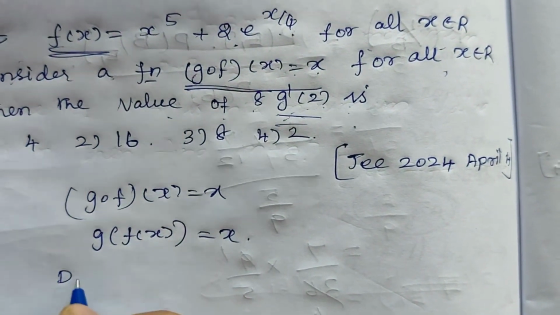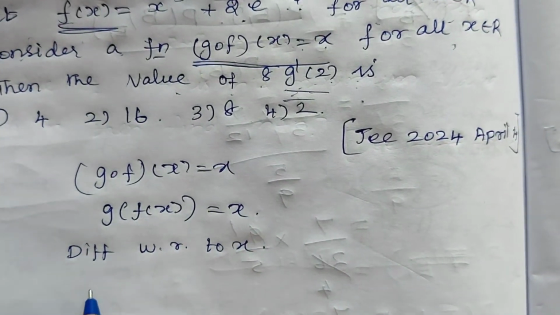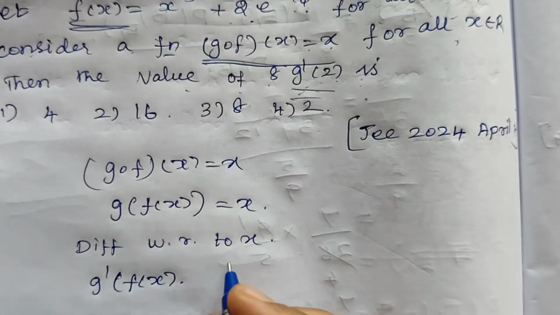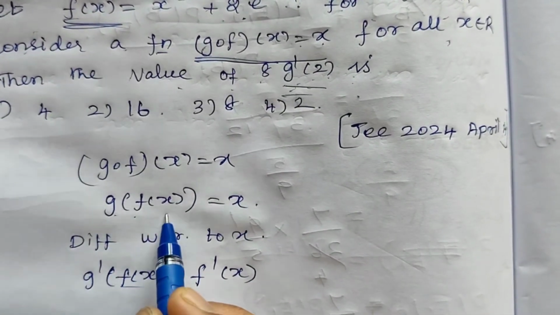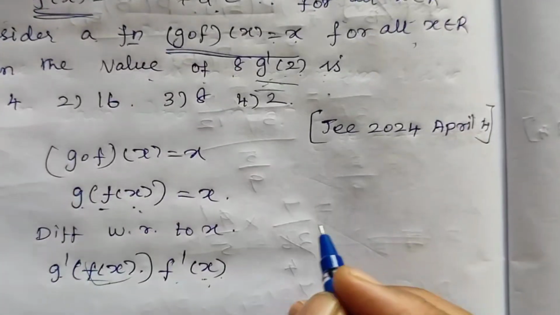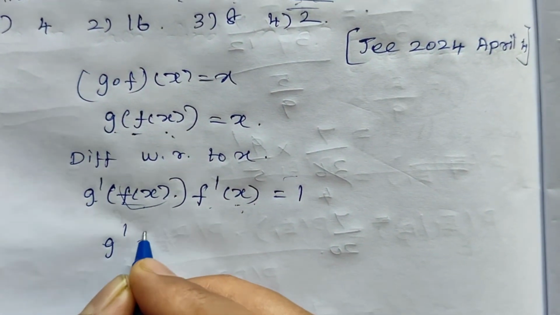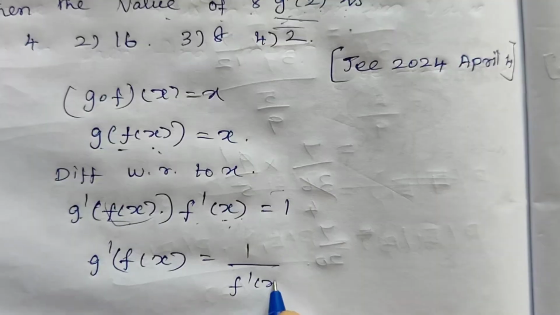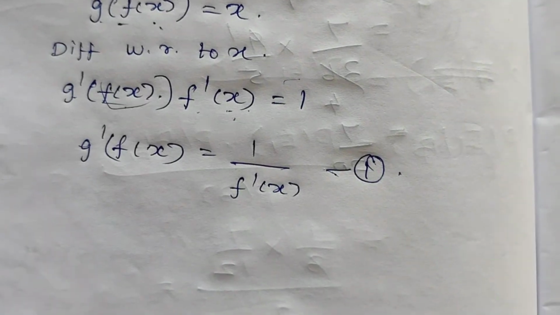Now differentiating with respect to x: first g'(f(x)) times f'(x), where we keep g as g and differentiate f(x), so f'(x) equals 1. Now g'(f(x)) = 1 by f'(x).